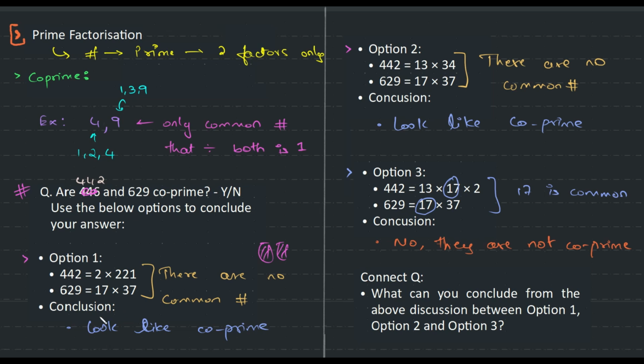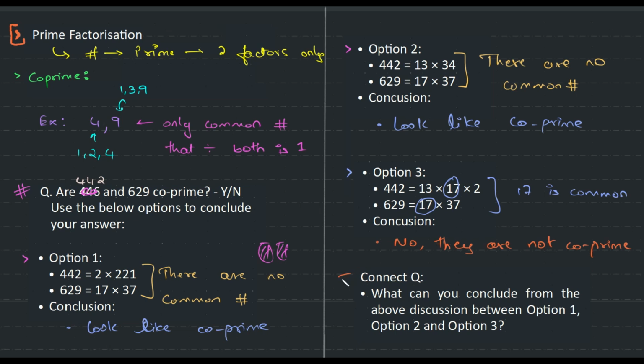When we looked at 1 and 2, they kind of looked like co-prime. But when we looked at 3, you can clearly see that 17 is a common number and so they are not co-prime. So if anything other than 1 is a common factor for both the numbers, then it's not co-prime.